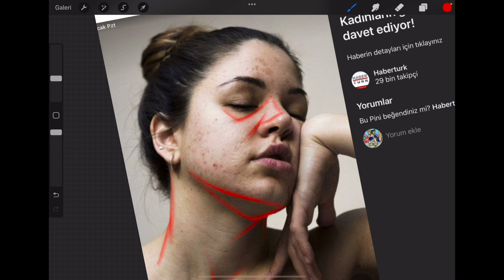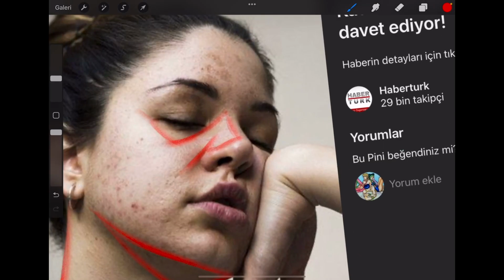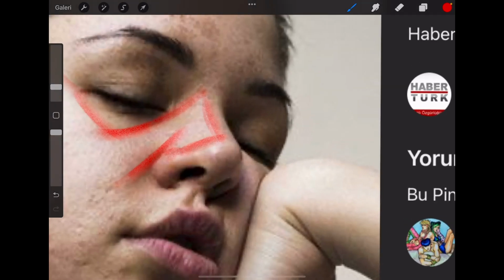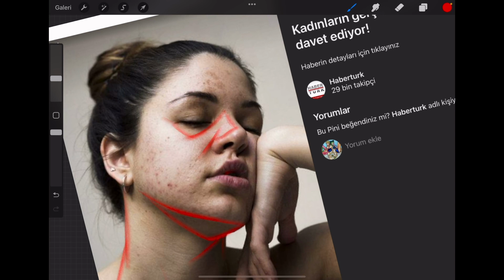Again, don't be mindless when drawing these. Actually understand why this curve is exactly here, but not here, you know? Let's go over this, and there's this plane here. I'm not gonna go through all of them. You do it yourself. Then there's the chin in here.